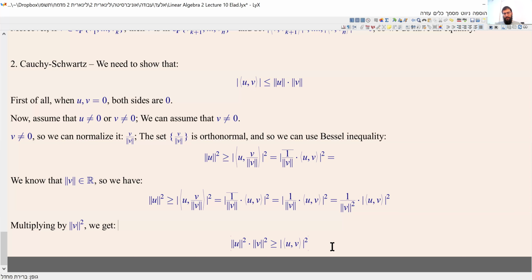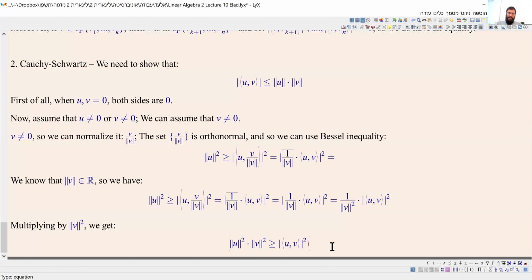And of course, we can take the square root of each side. We get our goal.